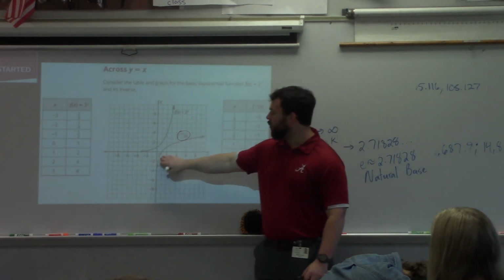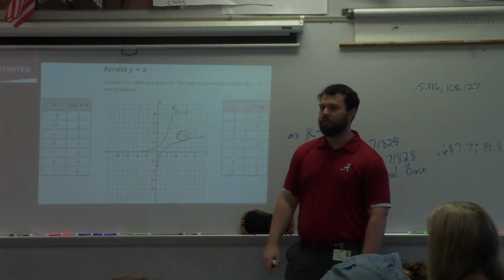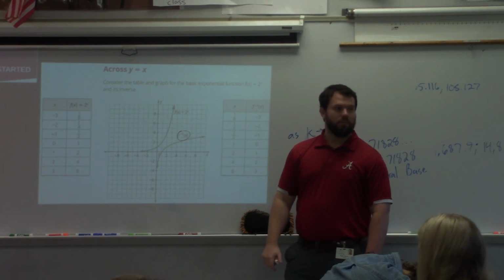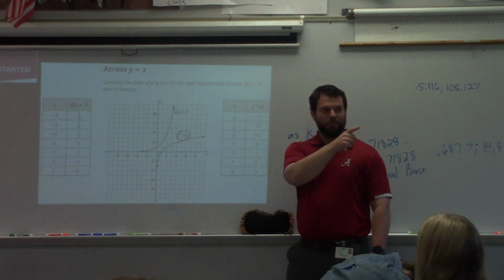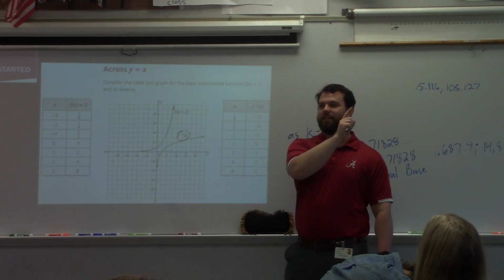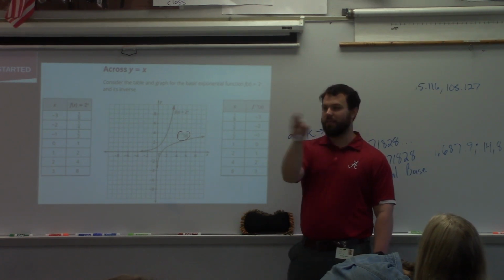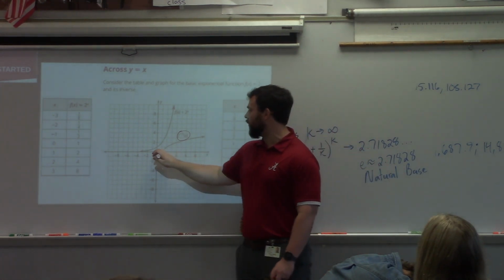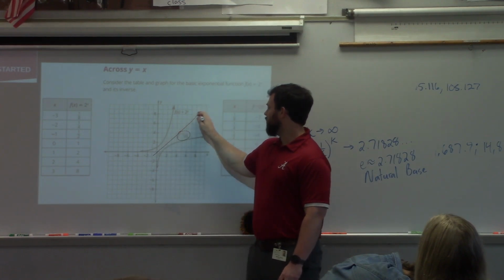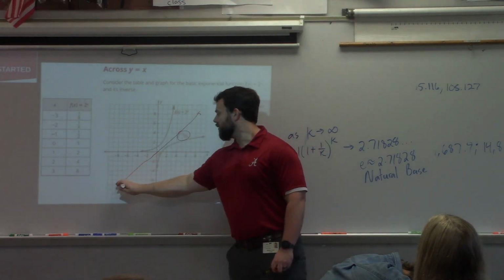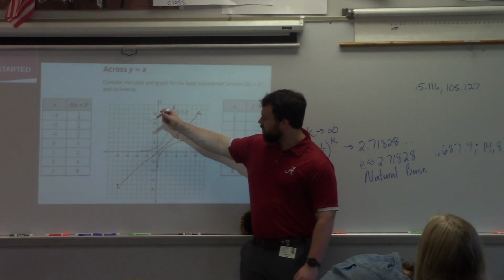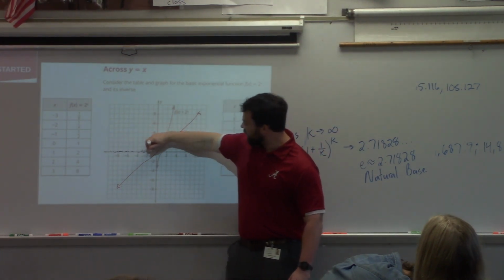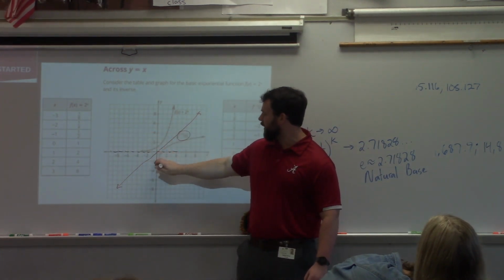First off, how in the world are they getting this inverse graph here? Transposing the x and y, the inputs and outputs, which comes from the reflection across. Does that look like a reflection to you? Yes. Notice what was a horizontal asymptote right here becomes a what right here?